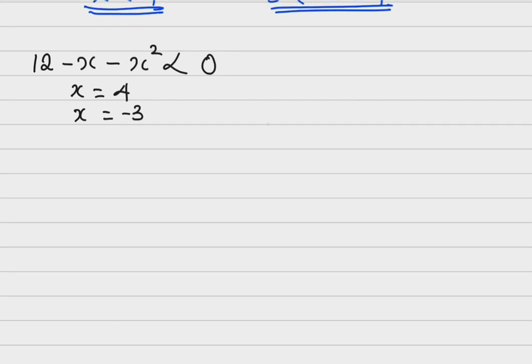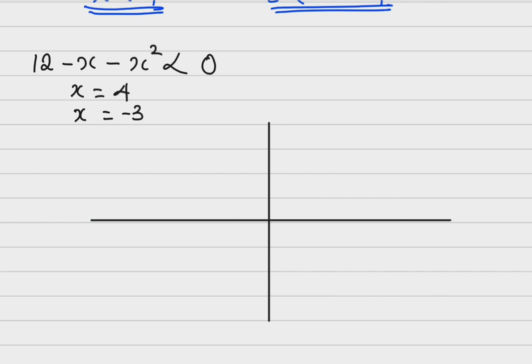So you now draw your graph to test and find the answer. This is what I have. So this is my y and this is my x. Now let's here be my minus 3 and here be my 4.